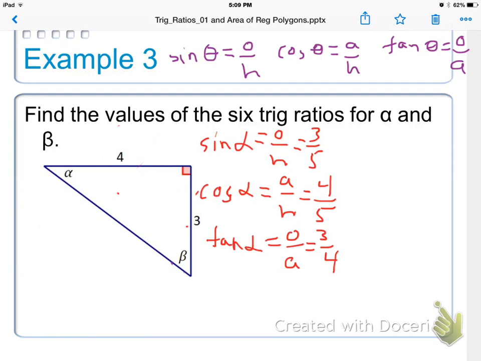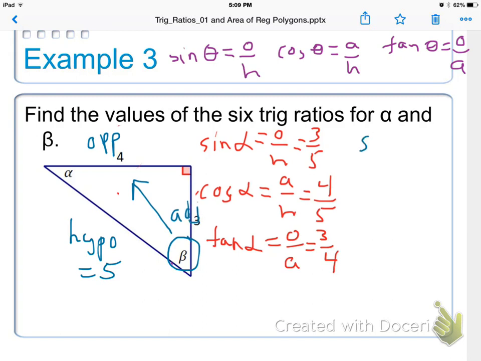Okay, so we'll get rid of some of these red marks. Okay, so let's change it. I'll do these ones in blue. Okay, so again, if we're at beta here, this is still the hypotenuse, and it still equals 5. We know that from last time. The opposite is 4, and the adjacent is 3. So sine beta is opposite over hypotenuse, so 4 over 5.